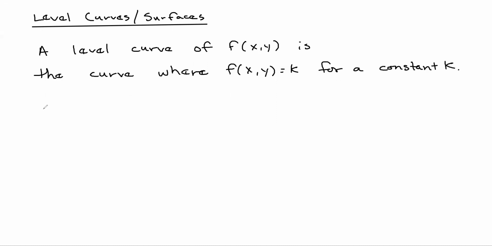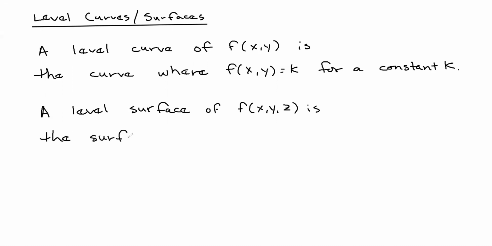And a level surface for f of x, y, z is the surface where f of x, y, z equals k for constant k.